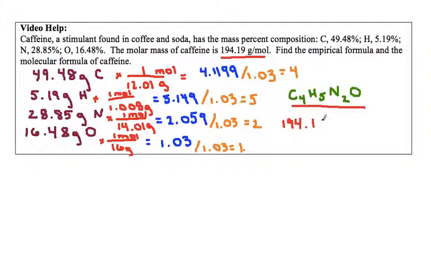So take my molecular formula mass and divide it by the mass of the empirical formula. So I take 4 times the 12.01, plus 5 times the 1.008, plus 2 times 14.01, plus oxygen, which is 16, and I get 97.1.